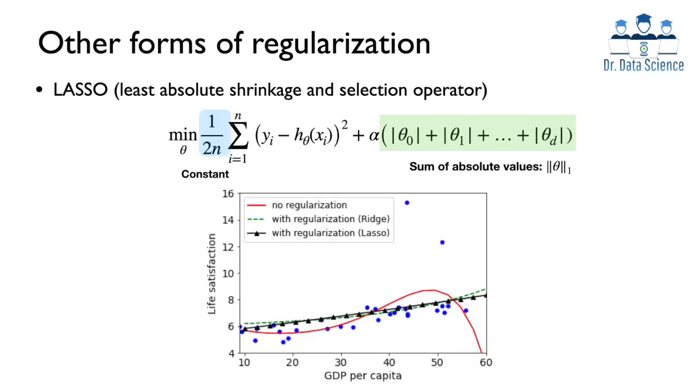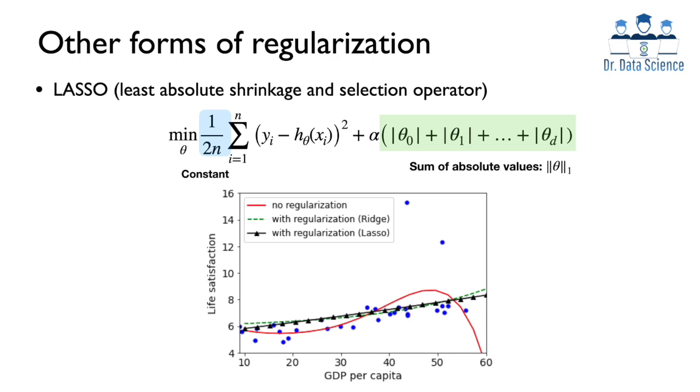So for comparison purposes, I show you the result when we don't have any regularization with the polynomial features of degree 5. When we have regularization using ridge regression, which was the previous slide, and then we have regularization using Lasso.